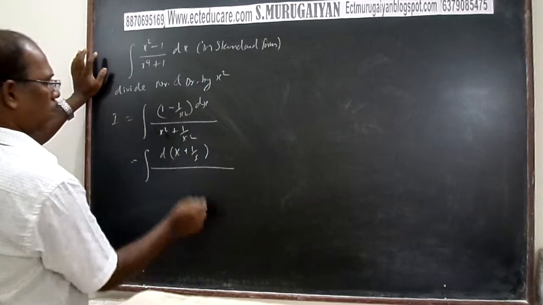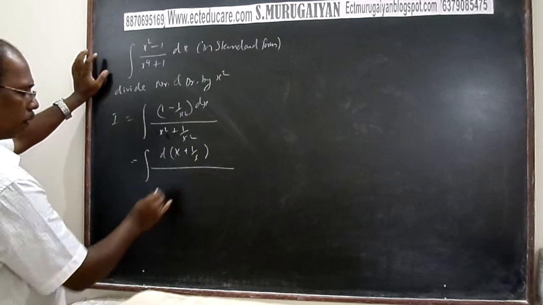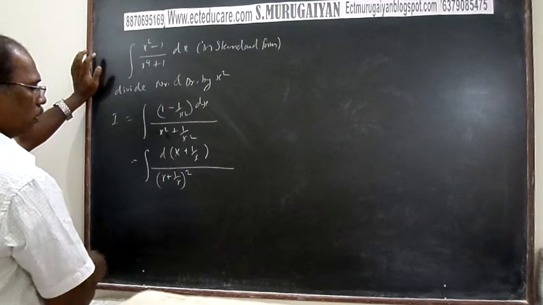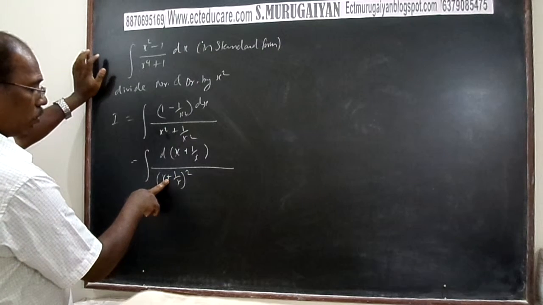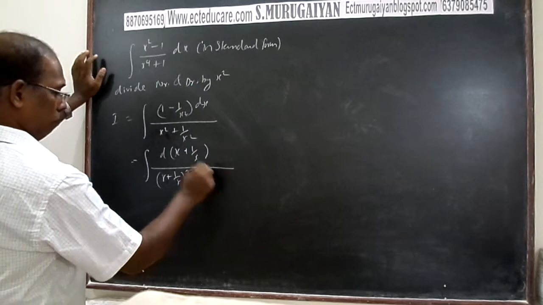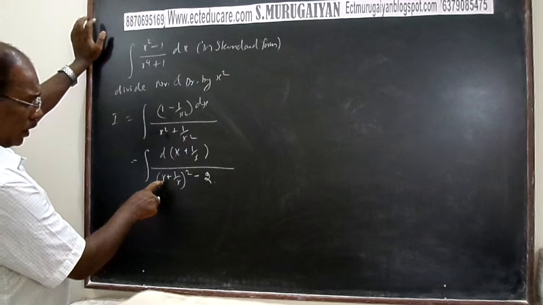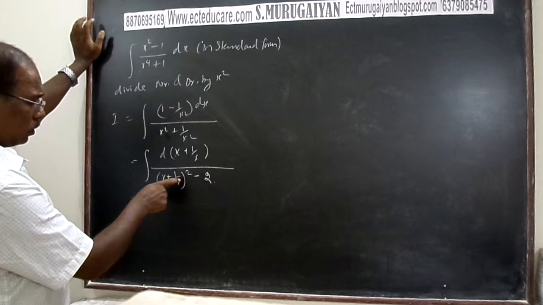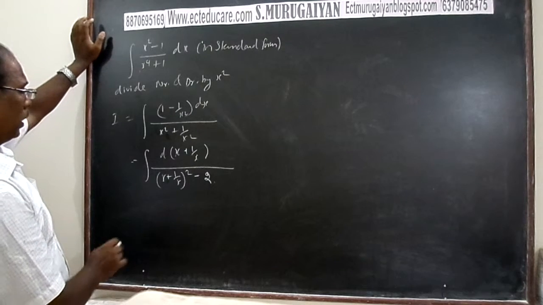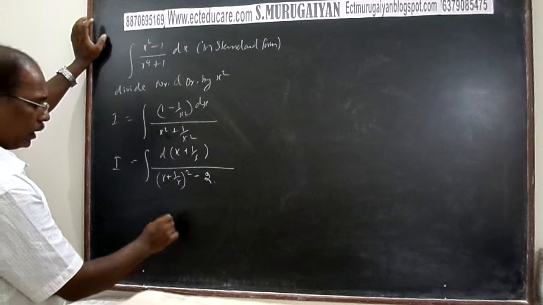Better to write the denominator x square plus 1 by x square in terms of x plus 1 by x: (x plus 1 by x) the whole square, the middle term is plus 2, so to adjust, minus 2. Now the numerator is the differential of x plus 1 by x, which is the new variable, so we integrate with respect to the new variable x plus 1 by x.